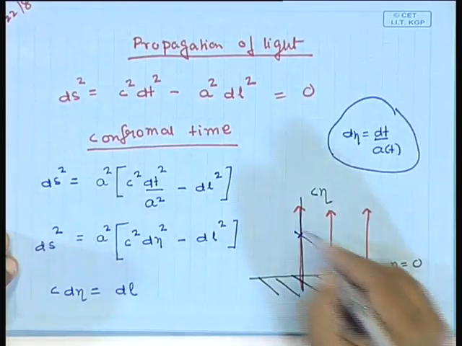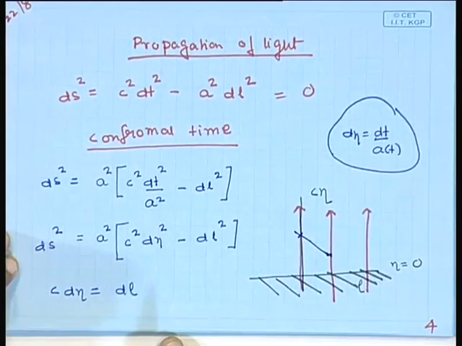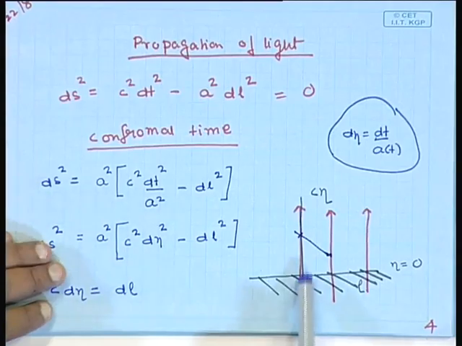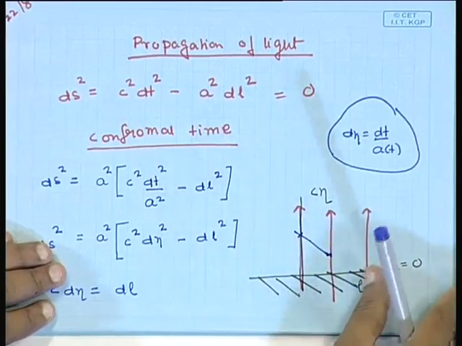This is a straight line at 45 degrees. So, this conformal time is very convenient for studying the propagation of light and for various other things also in cosmology. If you work in terms of the conformal time and the comoving coordinate, light propagates at 45 degrees.